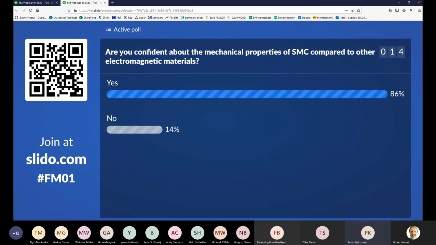And SMC got the bad brand that it was very unstable mechanically. Therefore, a lot of people tried it, made prototypes, and the prototypes broke down. And we still meet potential customers who are convinced that SMC is mechanically very weak.